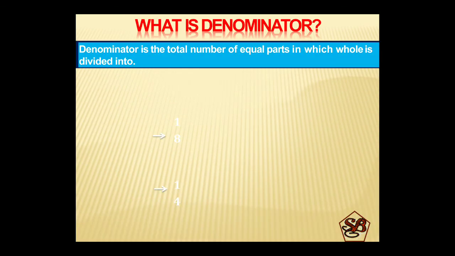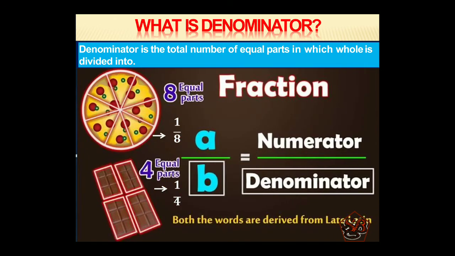What is denominator? Denominator is the total number of equal parts in which whole is divided into. Again, this whole pizza has been divided into 8 equal parts. So, the denominator is 8.